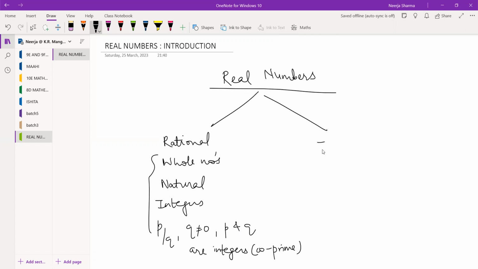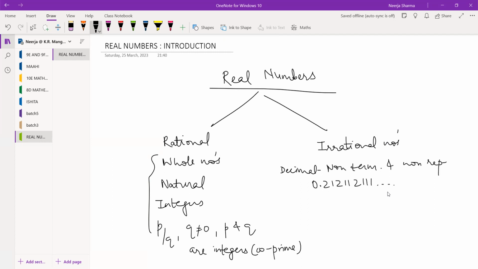The other number system under real numbers is irrational numbers. What are irrational numbers? A number which cannot be written in the form of p by q, a number whose decimal expansion is non-terminating and non-repeating. For example, 0.212112111.